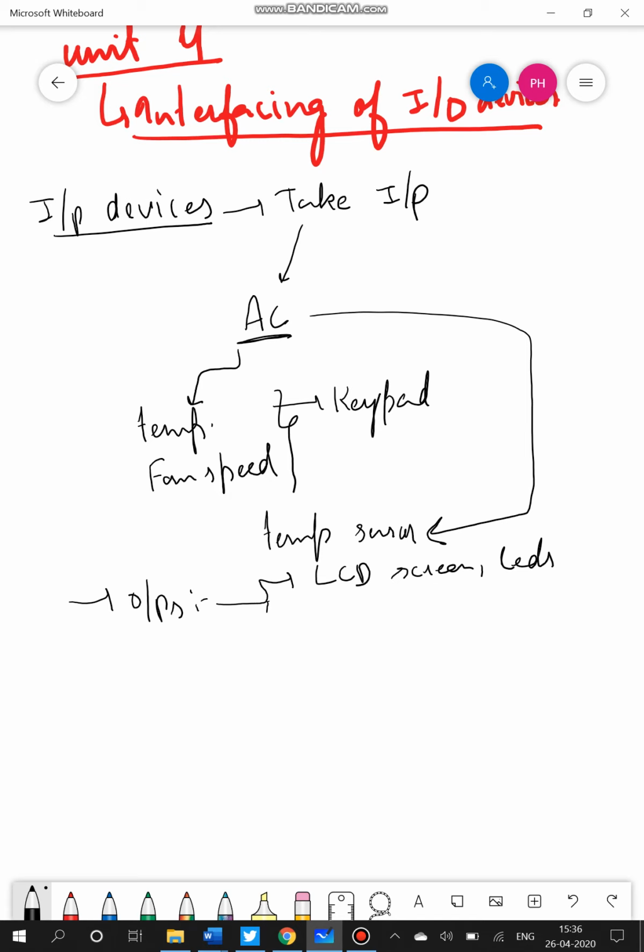And then we have some other types of outputs that control something. For example, something that controls the heating element, how much heat has to be produced, or there may be actuators which control the speed of the fan, or which control whether a fan has to be turned on or off. The simplest actuator is motor.